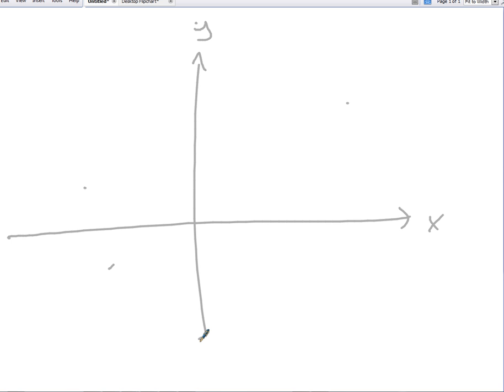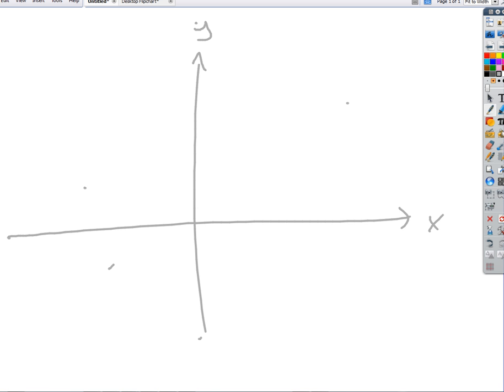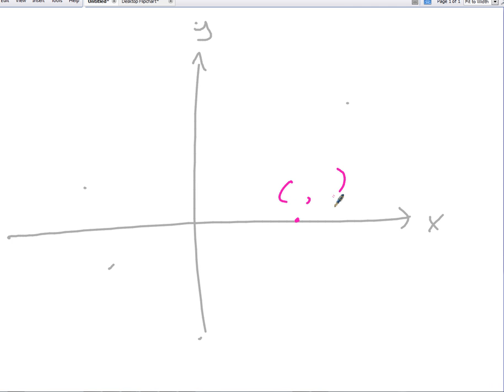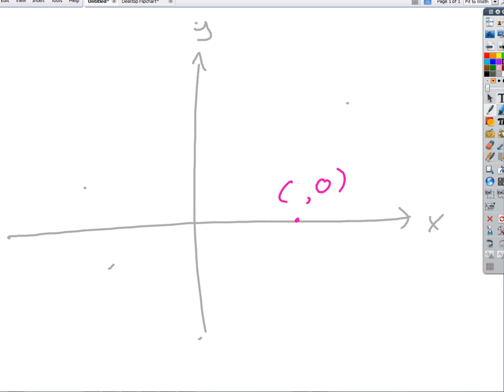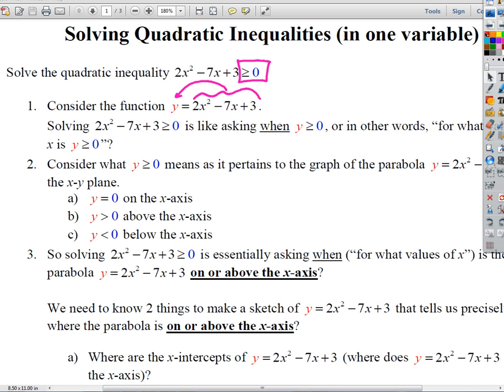Now, where is y equal to 0? On the x-axis, right? Because any point that's actually on the x-axis, like for example, this point right here, I don't know what the x-coordinate is, but the y-coordinate is exactly 0, isn't it? Right? Okay, so we can summarize that then.